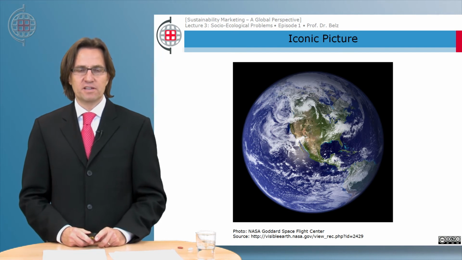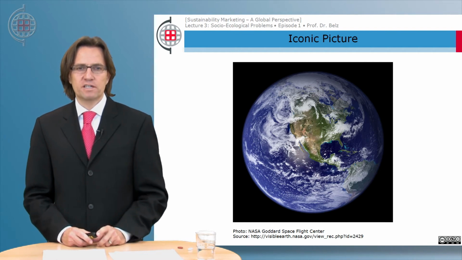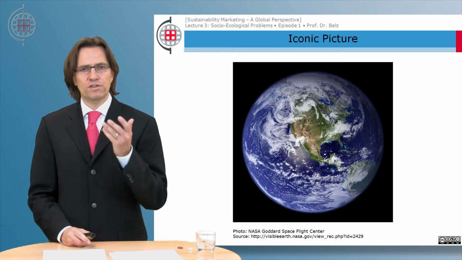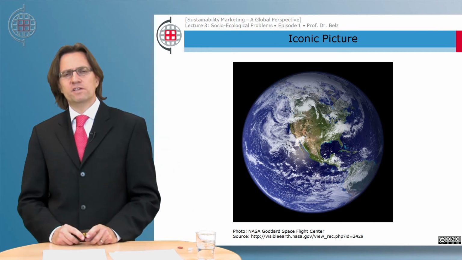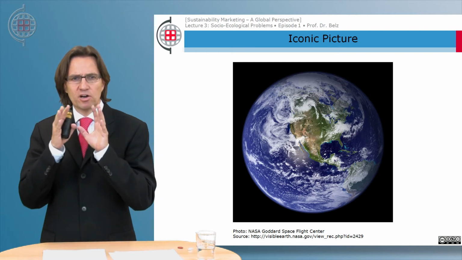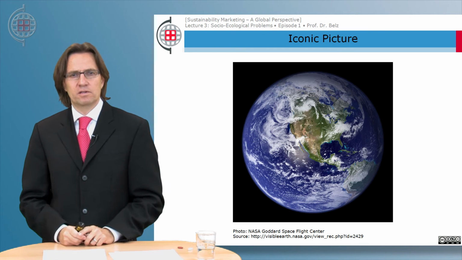Here you see the globe from outer space. It's an iconic picture which was taken in the early 1970s from outer space. What can we see? We can see a rather small planet. It is kind of fragile in the darkness of outer space. What else do we see?